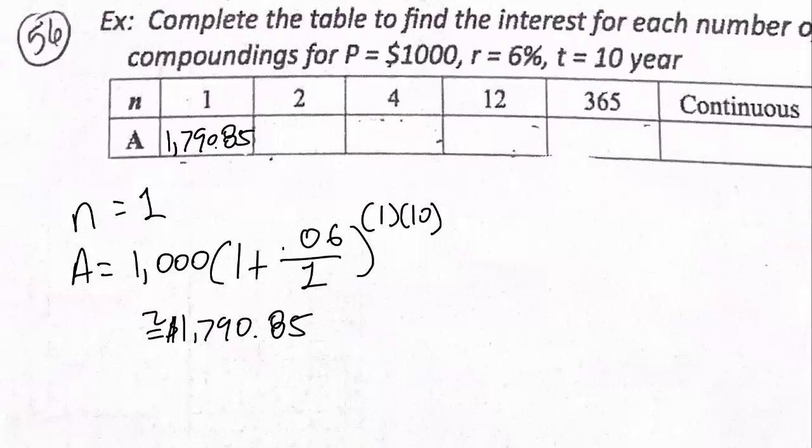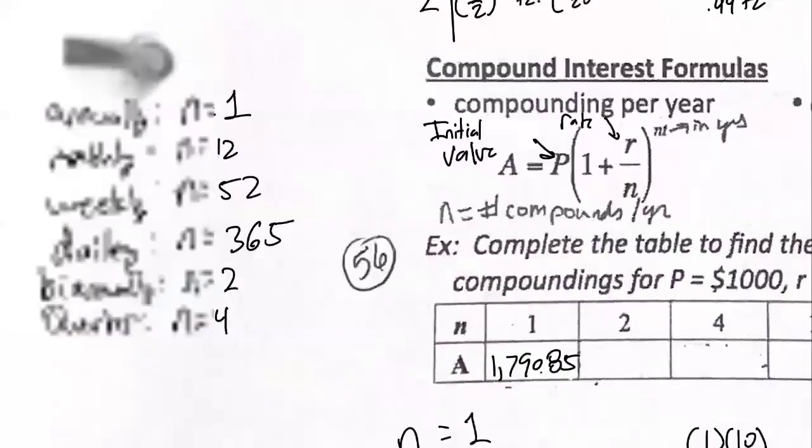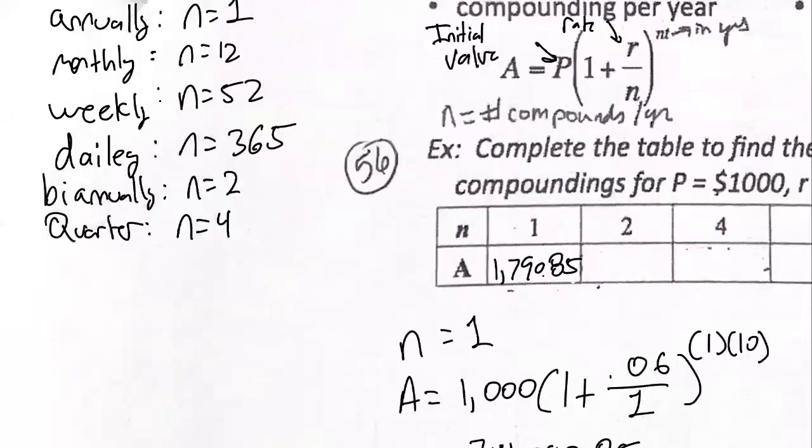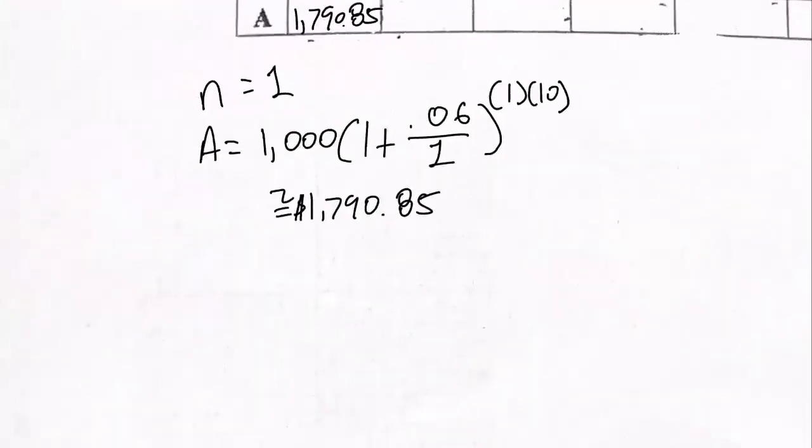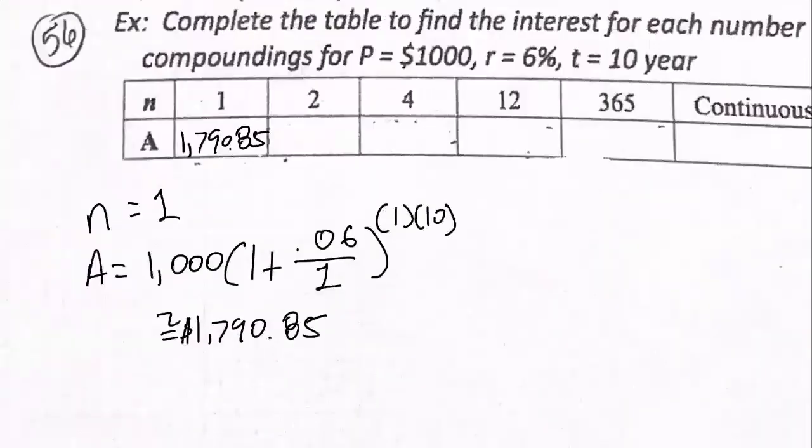Oh, now that's what it's called. It's not biannually, it's semi-annually. That's my fault. Semi-annually is correct. When you plug in n for 2, I'll help you guys just pull it out, because you guys have done this already a bunch of times. You get 1,806.11.